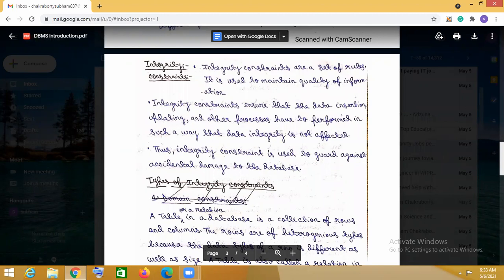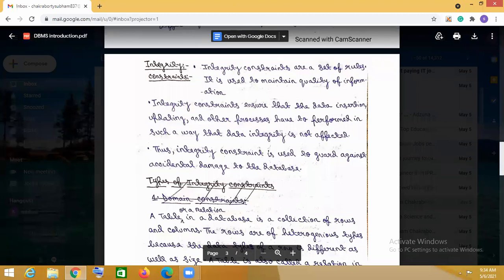Integrity constraints are the set of rules used to maintain the quality of the information, meaning the information that comes in should have its quality maintained. Integrity constraints ensure that data insertion, updating, and other processes are performed in such a way that data integrity is not affected.